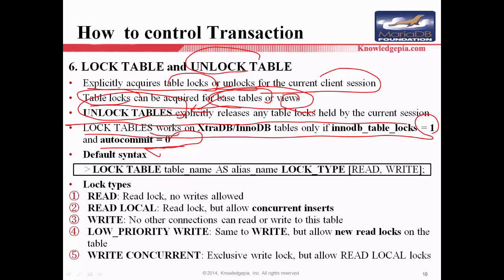When we use lock table, we can use this default syntax. Lock table, table name, alias and alias name, and after that we can define the lock type like read or write. So this is lock table. Read means no write allowed, only read.